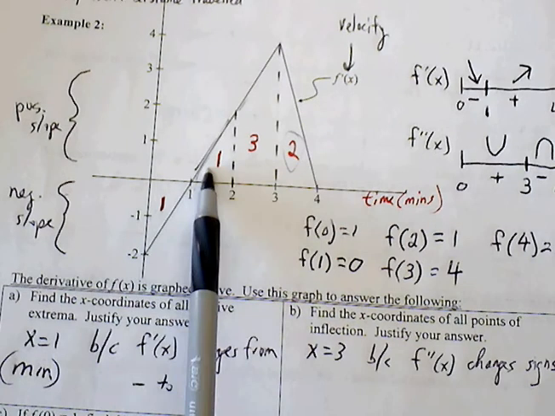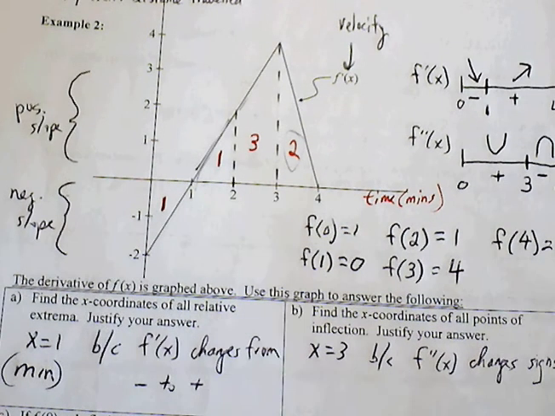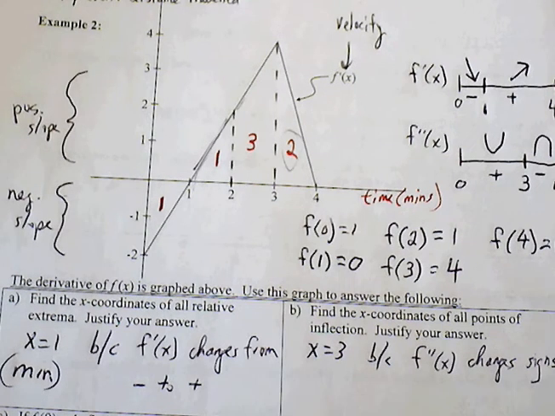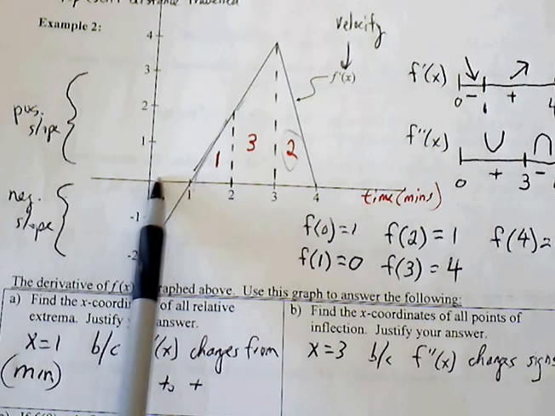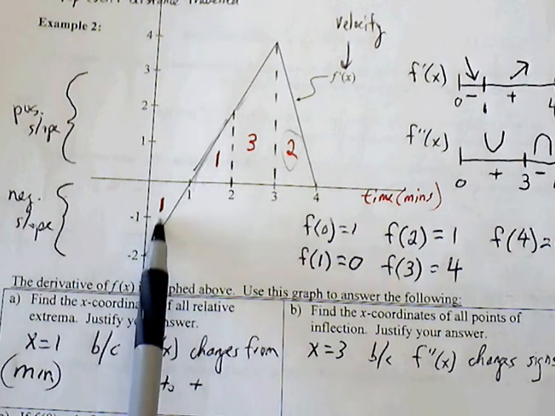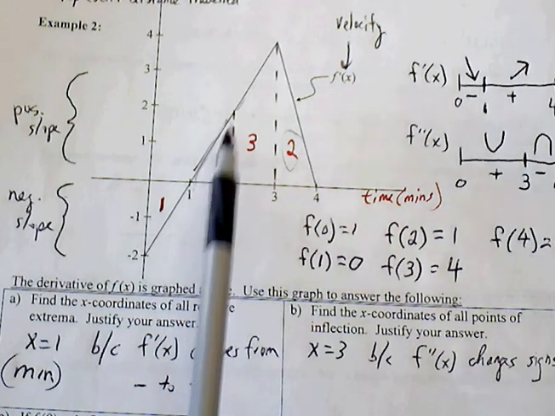So we're going to go ahead and find the area. The way we find the area, we simply go through geometric formulas. All these are triangles. The area of this region is 1/2 base times height. So 1/2 times 1 times 2 is 1.